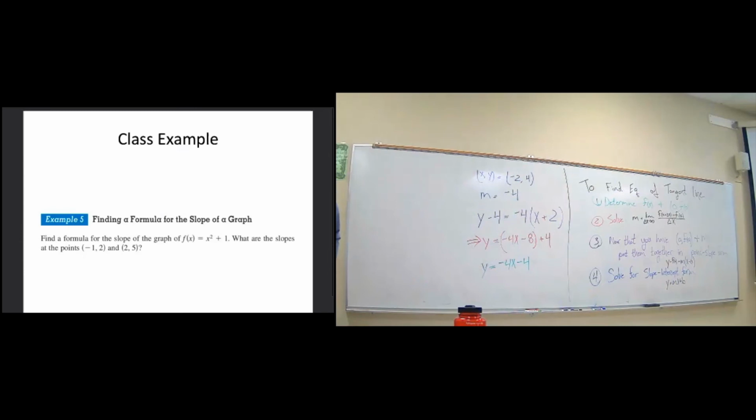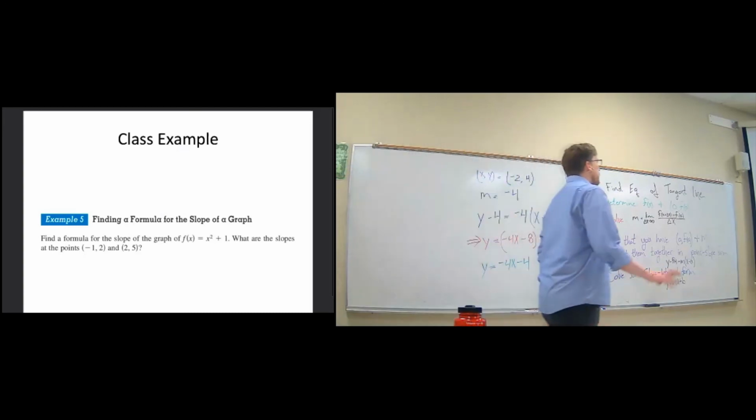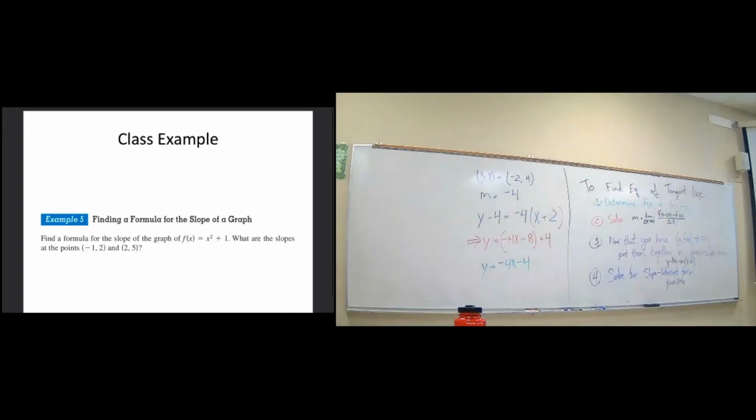So imagine you're asked to find the slope of our graph, so of our function here, x squared plus 1, at 2 different points. Doing this thing over and over again would suck. So what if we could do it once, and then just plug in our x value? That'd be a lot better, right? Just get a general formula for the slope of our graph, no matter what the x value is.